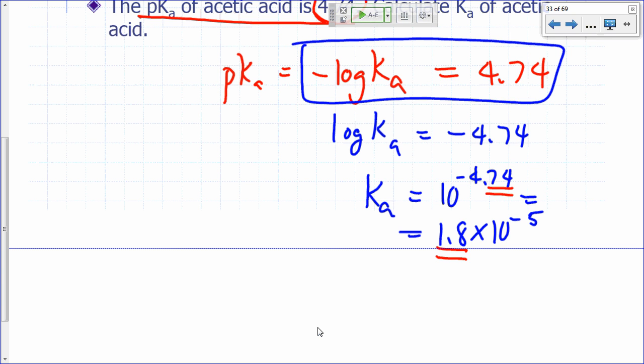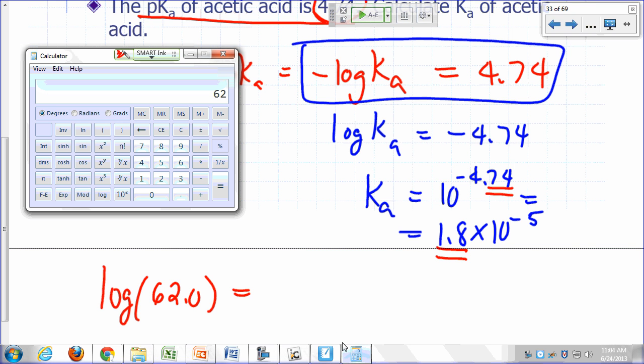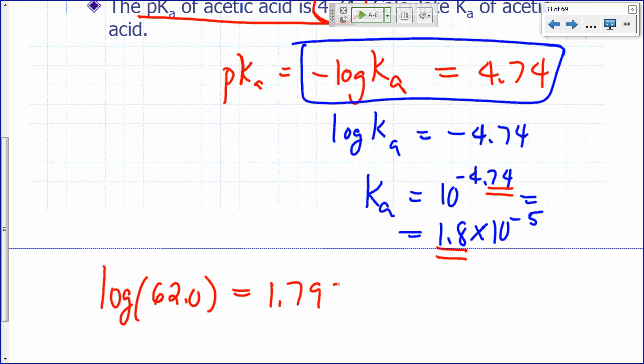For example, if I gave you, take the log of 62.0, what would your answer be? Take the log of 62, that's 1.79239, right?